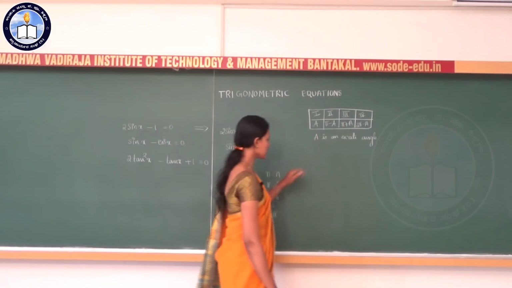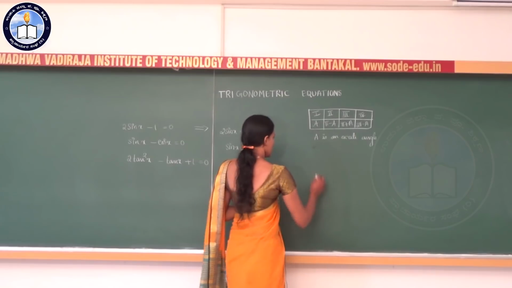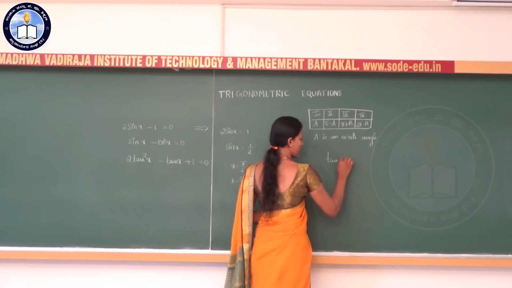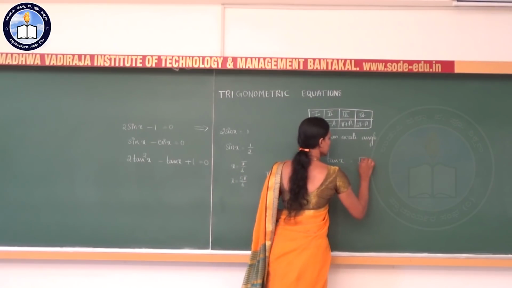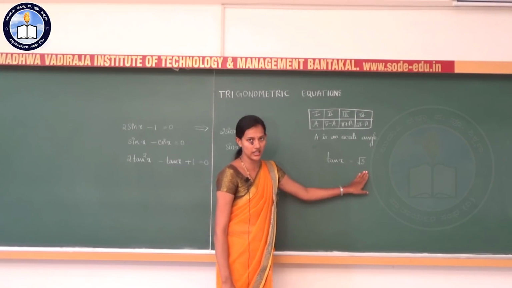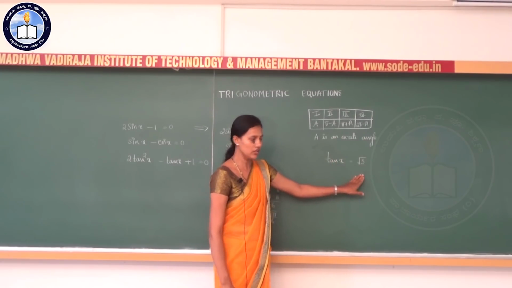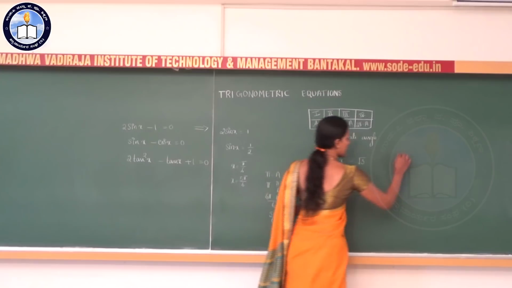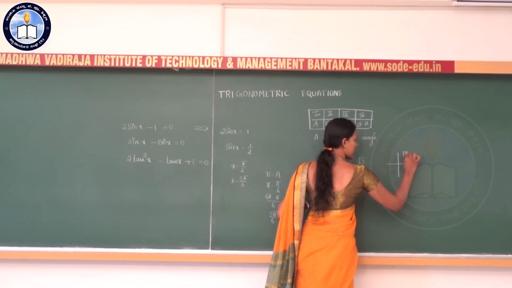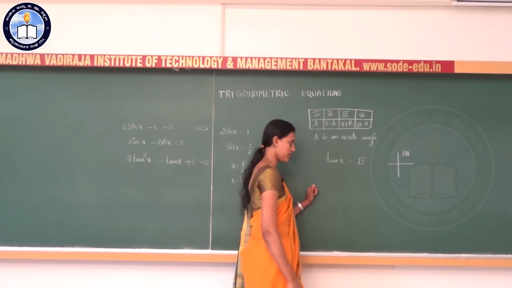Let us solve some more examples. Let us try to find the principal solutions of tan x is equal to root 3. Now, tan x is equal to root 3, tan x is positive. In which two quadrants is tan positive? We know that in the first quadrant all trigonometric functions are positive.